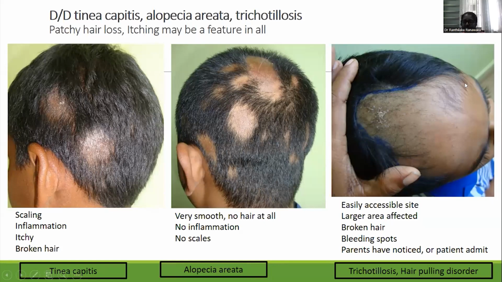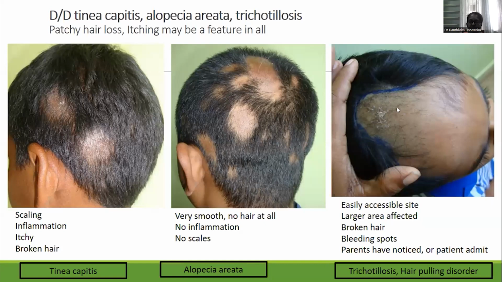Then hair pulling disorder. It occurs only on easily accessible sites, right? So when they come to us, a large area is affected.